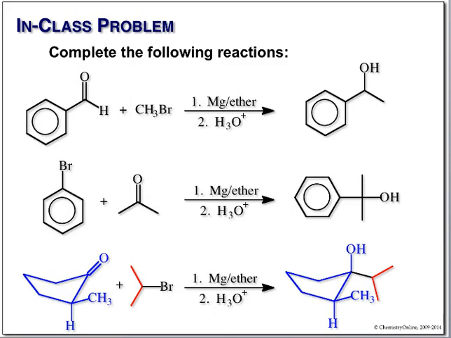It's important to do this because we're going to do synthesis involving Grignard reagents. And when we do synthesis, we want to be able to take our compound, take it apart, and decide what Grignard reagent and what carbonyl compound we need to do that reaction.